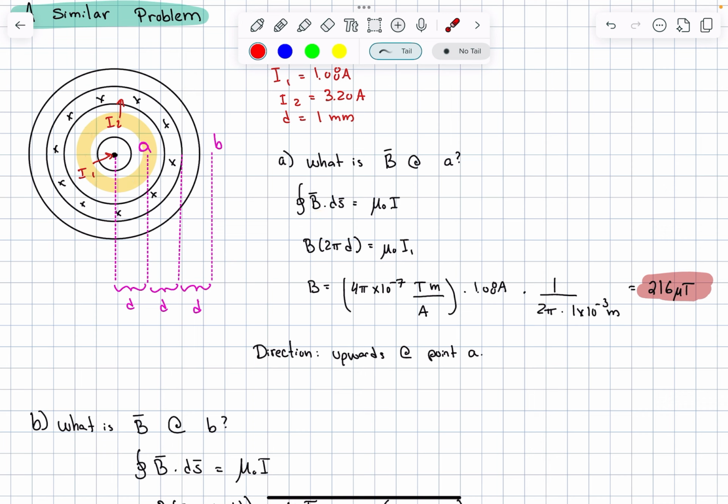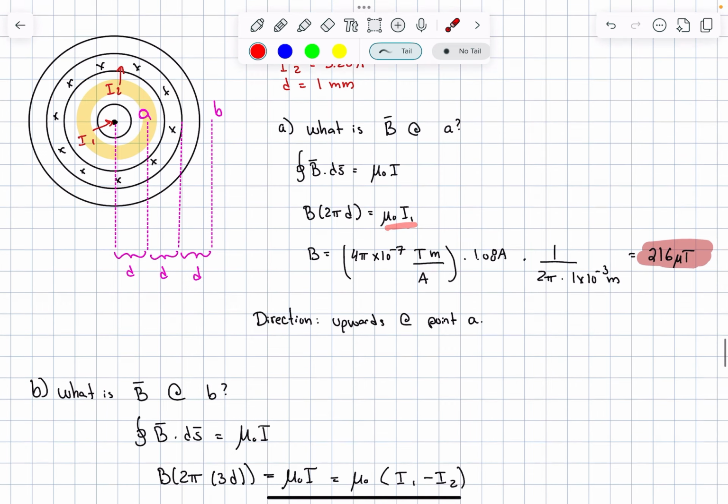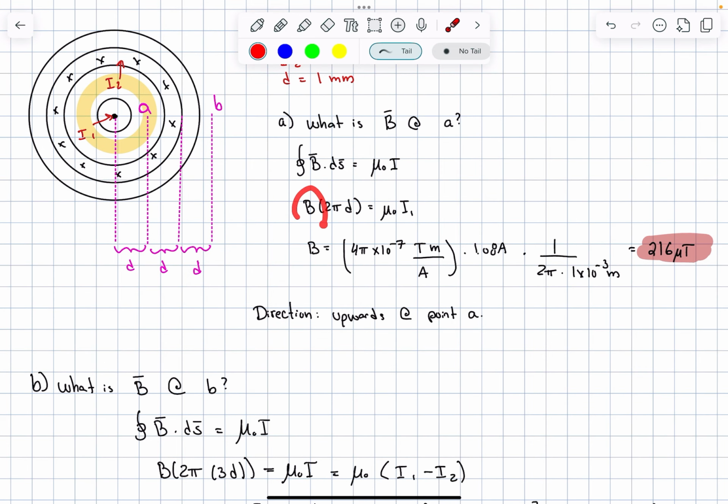Then we have the circumference, which is 2 times pi times d, where d is the radius of this Amperian circle. This is equal to mu naught times I1. Put everything onto the other side so we just have B on the left. Plug in mu naught, I1 divided by 2 times pi times d, the distance of 1 millimeter, and we get 216 microtesla.